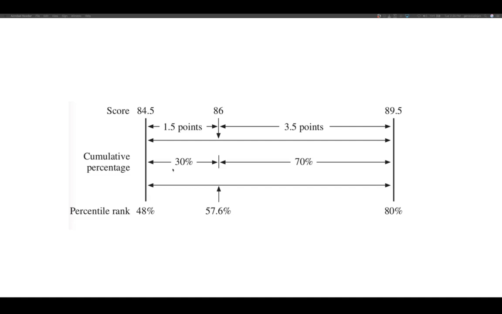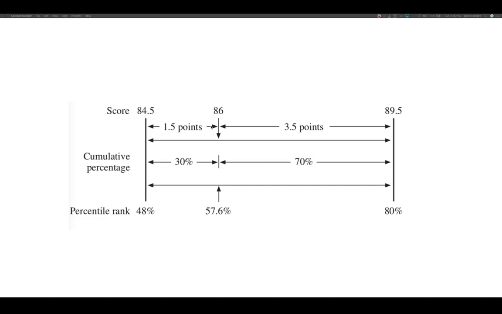To go from the lower real limit, 84.5, to 86, we subtract: 86 minus 84.5, and we go about 1.5 score points, which is the distance between the scores.